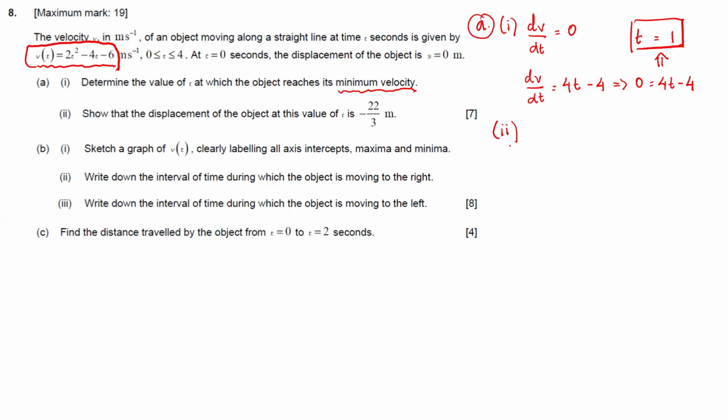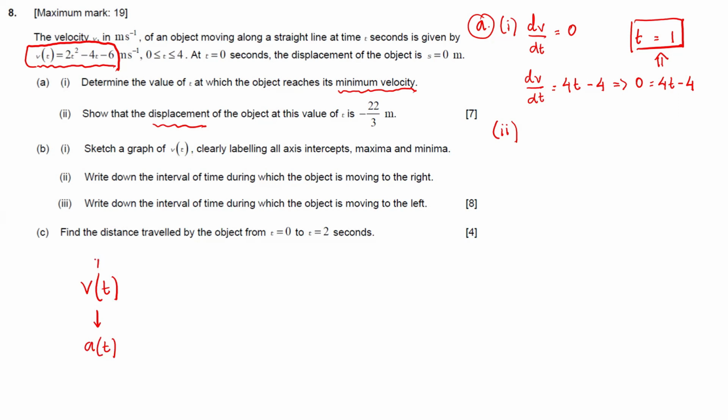Now, part 2: show that the displacement of the object at this value of t is negative 22/3 meters. What is displacement here? Remember, when we talk about kinematics, V(t), the velocity, if you derive it, we will get acceleration.